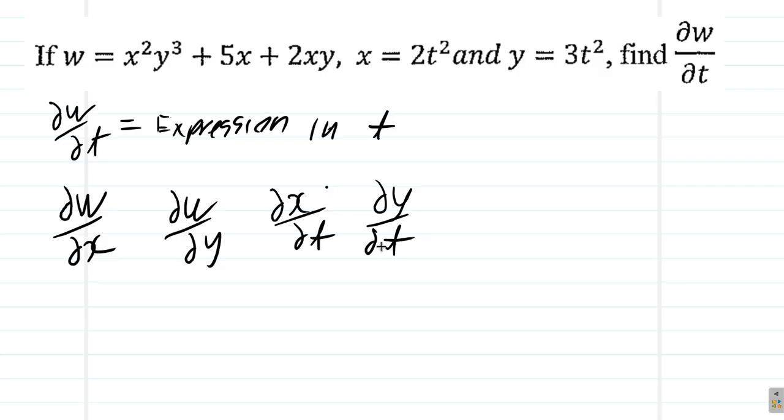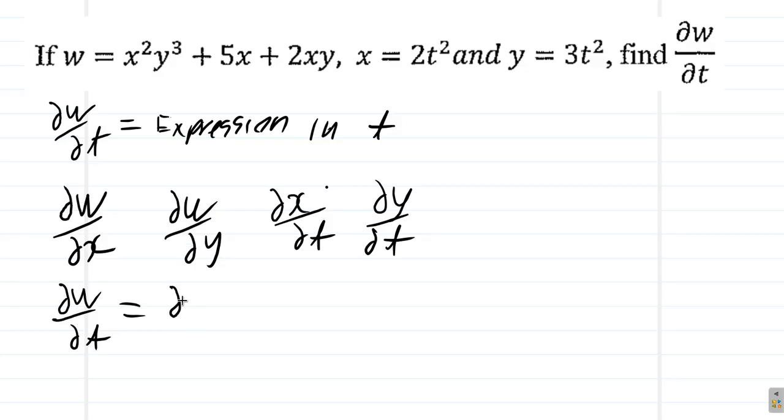Now, the thing is, how do we get the derivative of w with respect to t? Let me see something. Arrange these in such a way that something cancels and gives you the derivative of w with respect to t.